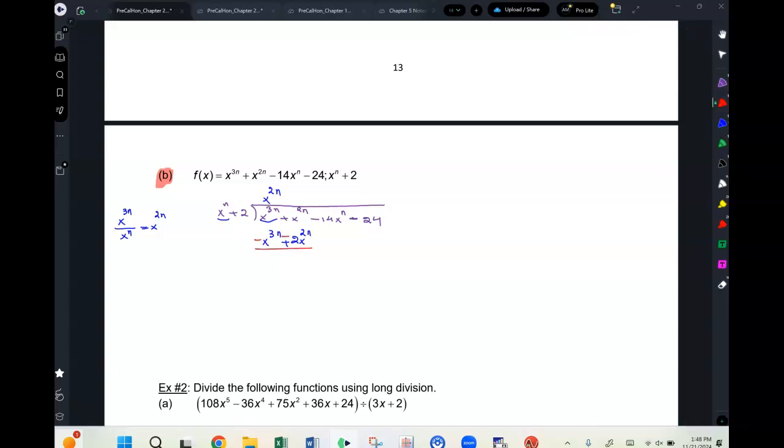Change the sign, draw the line, and combine. X to the 2n minus 2x to the 2n, so this is negative x to the 2n. Drop this one down. Oh my God, it is so beautiful. This over this.